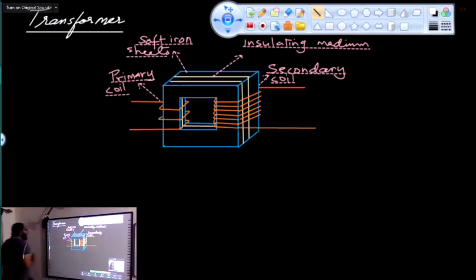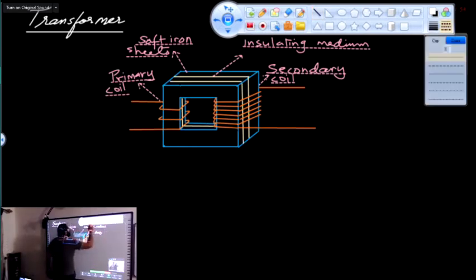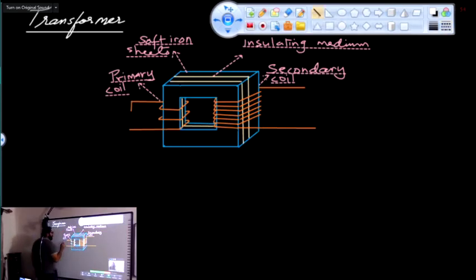Okay. Over here in this part of the coil, which I made on this side, with alternating current, and on this side, we are getting current.